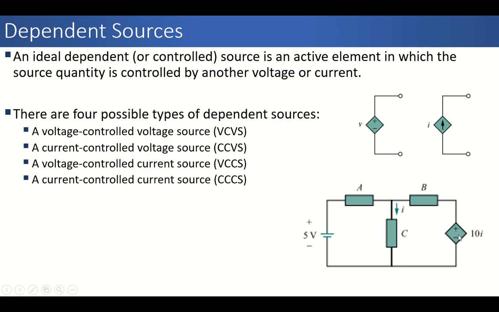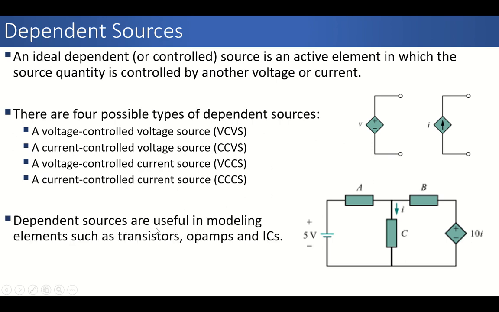You can identify that this is a voltage source because of the polarities. Its voltage is 10I, and I is the current in this element C. So you can see that the voltage of this source depends on the current of this element. So this is a current controlled voltage source.